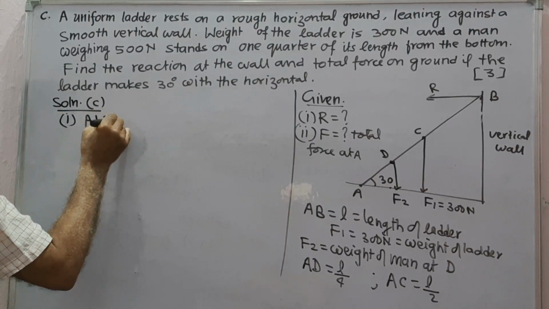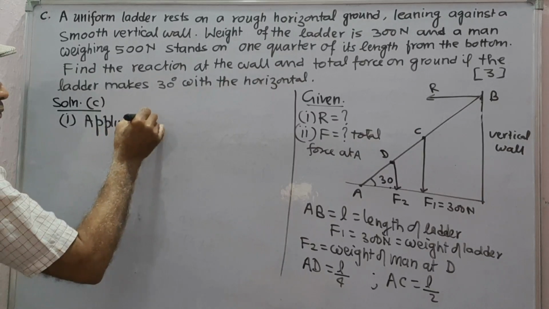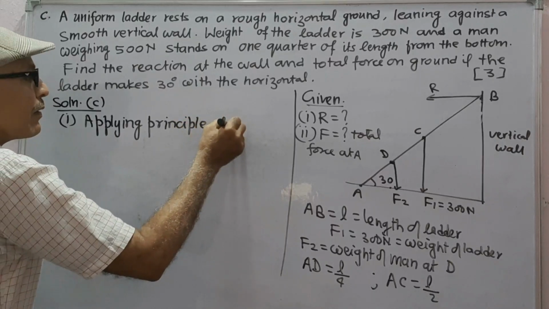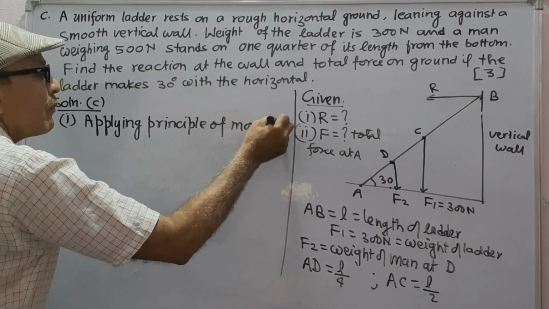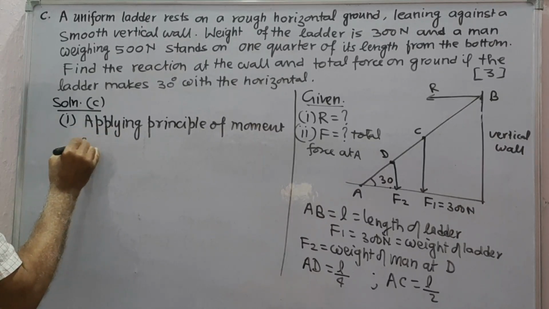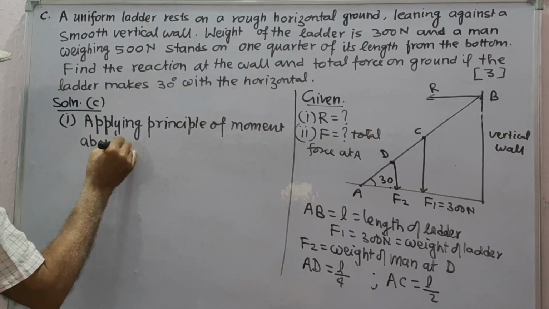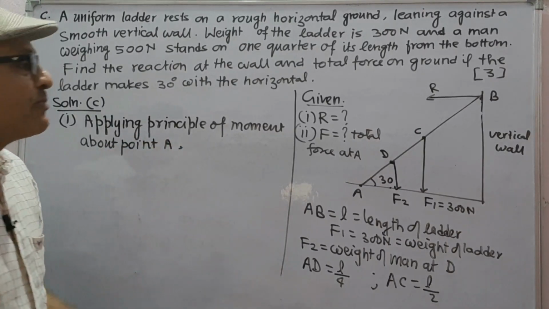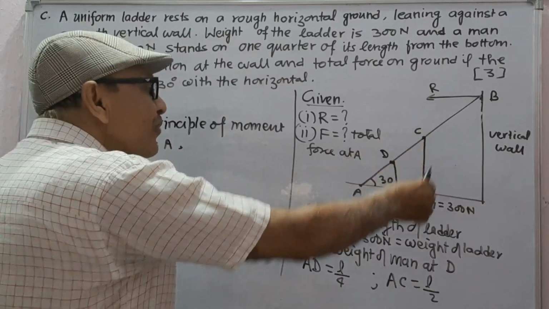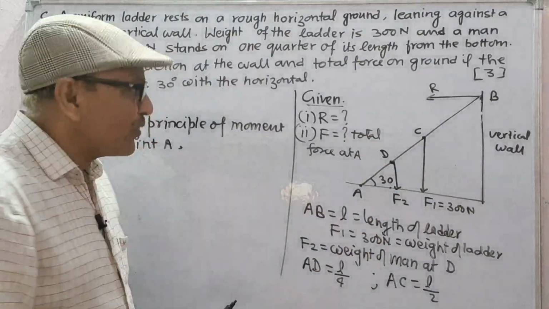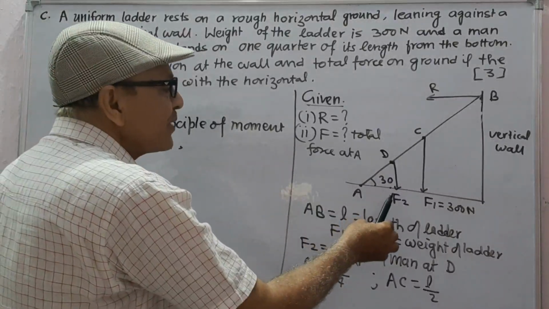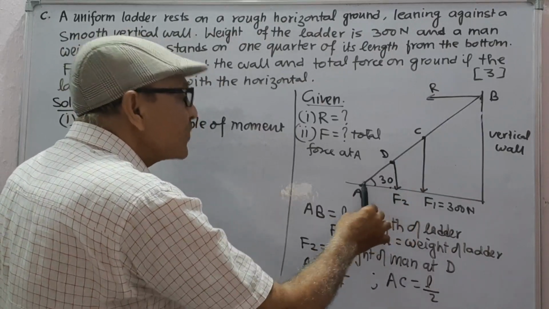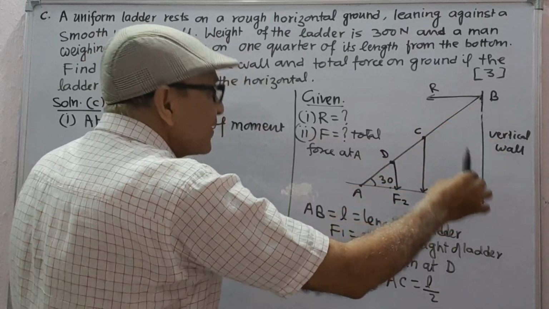Applying the principle of moment about point A, we get. The principle of moment says that total clockwise moment is equal to total anti-clockwise moment, means F1 into this distance plus F2 into this distance is equal to R into this distance.